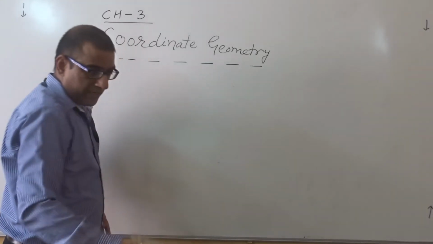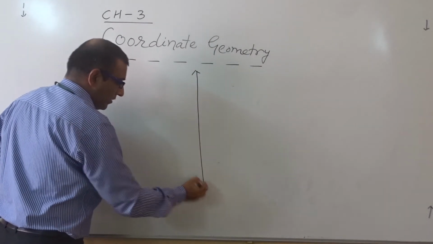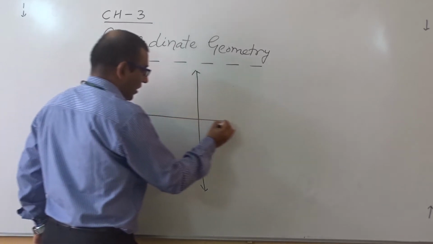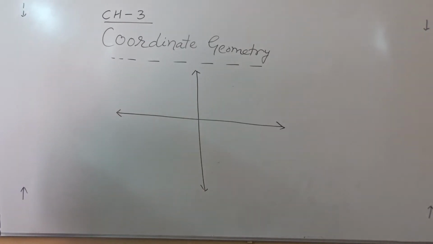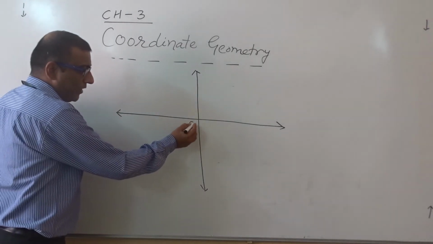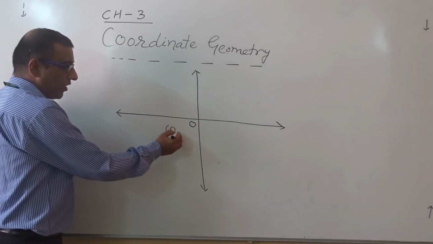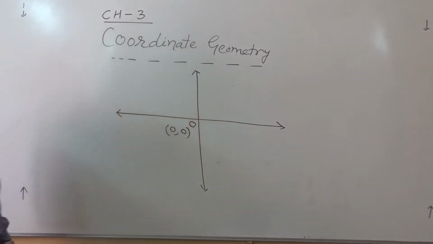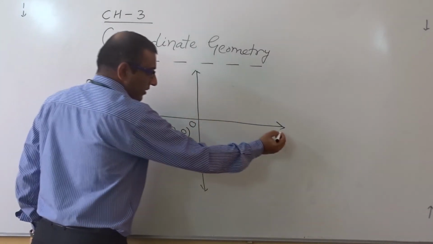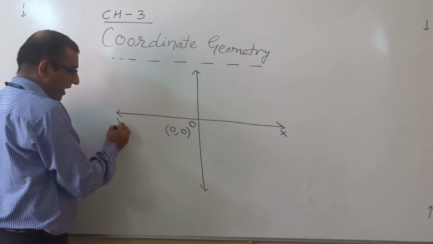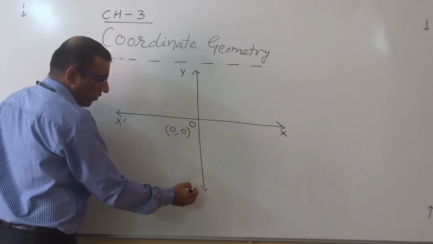So if I am taking these 2 lines, I hope all of you are very much aware of lines. These 2 lines are intersecting each other at point O. This point O is known as the origin, and the coordinate of this point O is (0, 0). This horizontal line is your x axis, written as X'OX, and this vertical line is known as Y'OY.